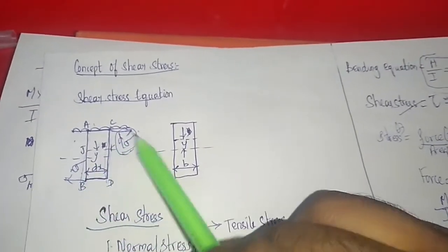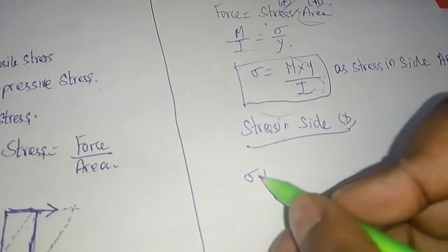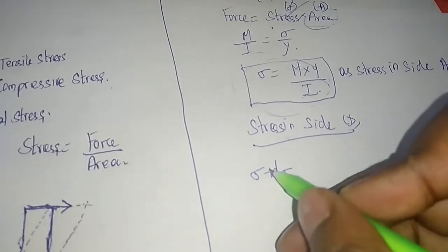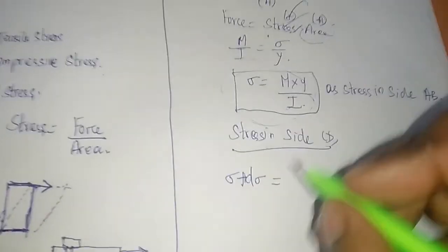So sigma plus d sigma. The stress in side CD is nothing but sigma plus d sigma is equal to, and due to the stress, the moment also will change, right? So what is the moment?